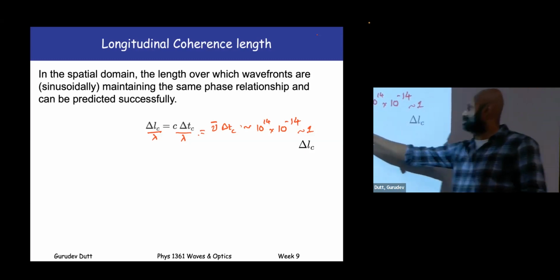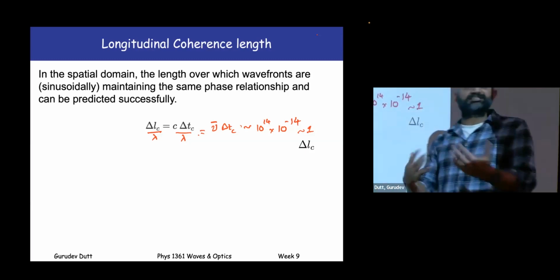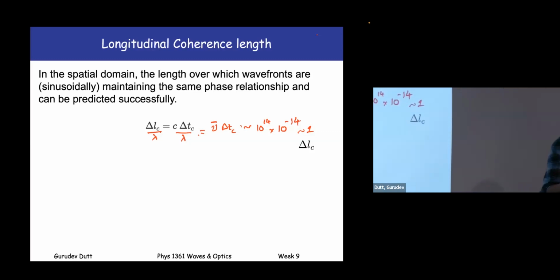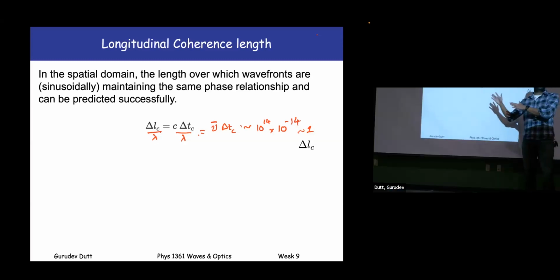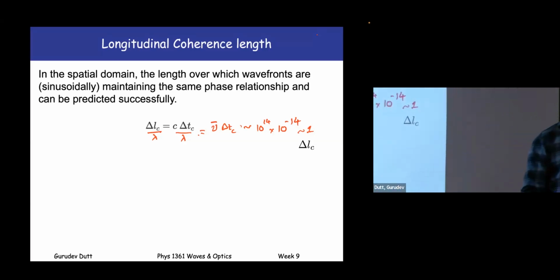So what this is saying is, when delta LC is comparable to the wavelength, then things are stable. I can predict roughly the phase relationship. When delta LC is on the order of a lambda, we need the phase difference in the interference experiments to be on the order of a lambda or less.